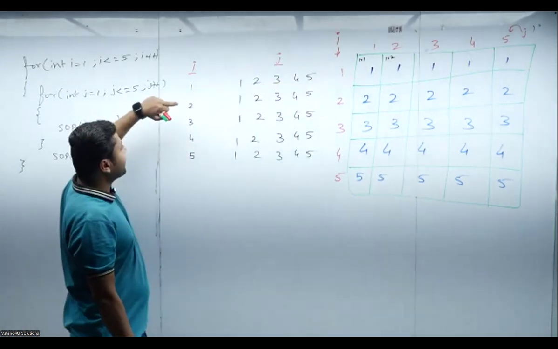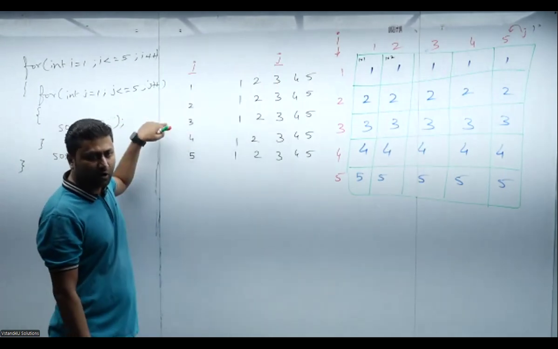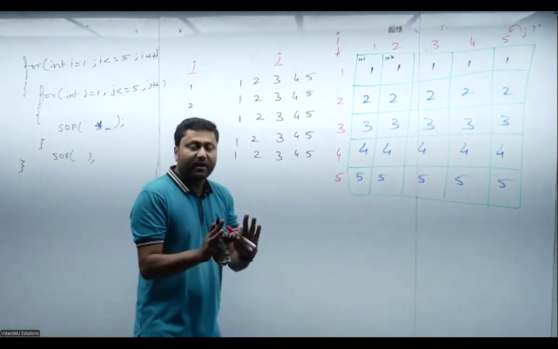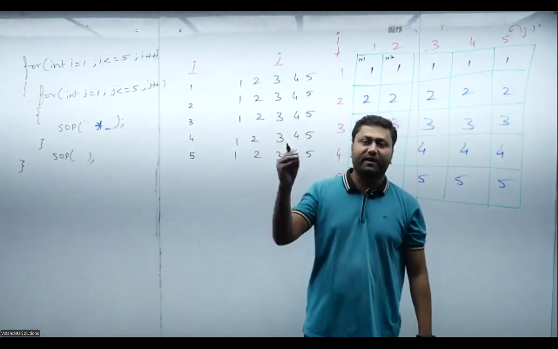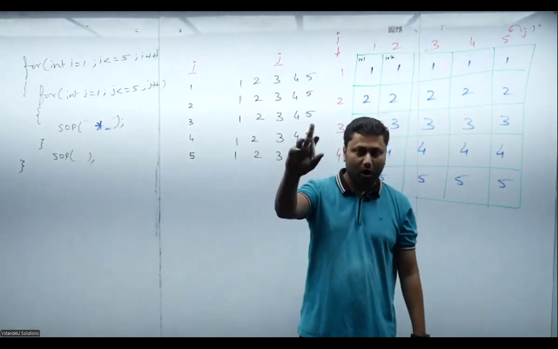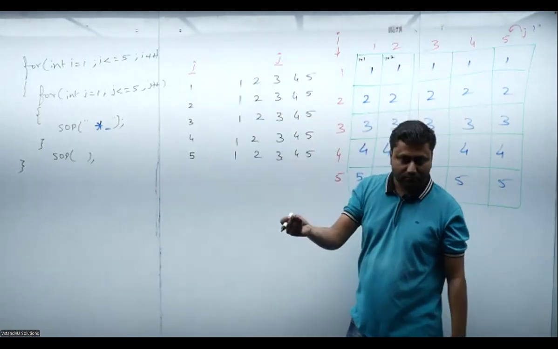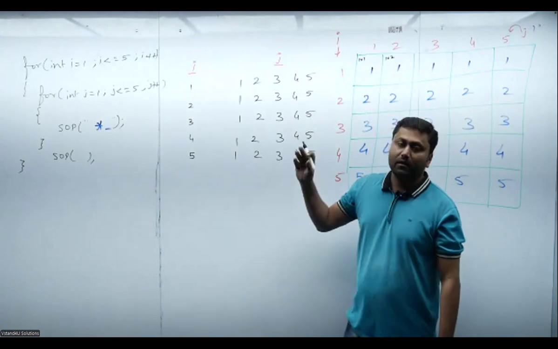Agree? For second row also, same. Third row also, same. Fourth row also, same. Fifth row also, same. Now, can I say where all needs to be printed, that is identified. Combination of I and J, we have understood. Agree? Everybody clear?